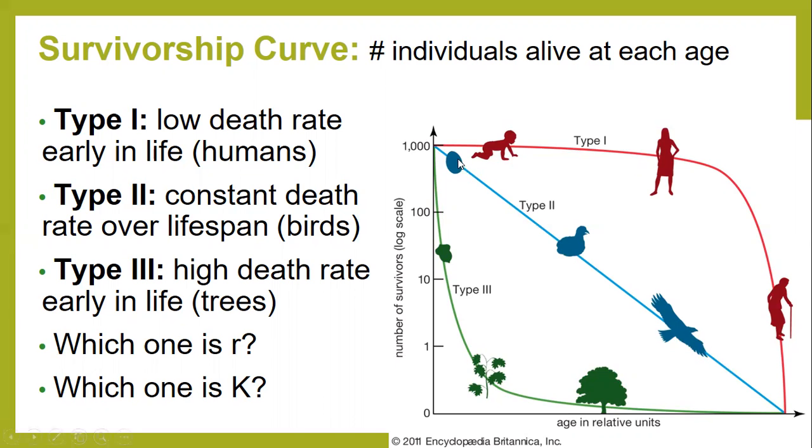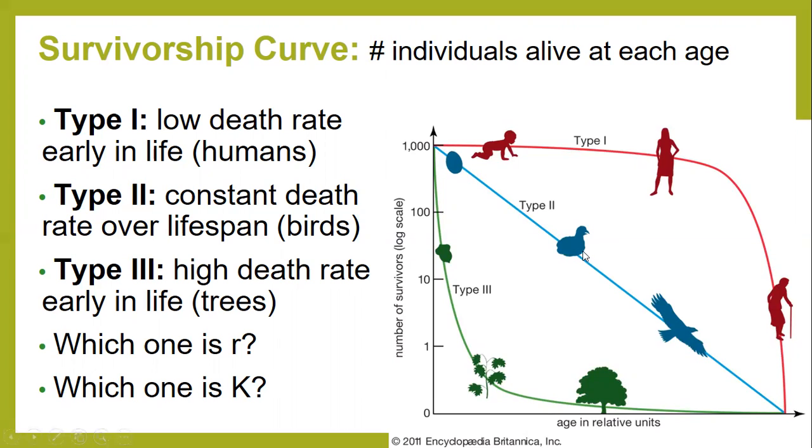Now, our middle species. These are the ones who have an equal chance of death at any stage in life. Think about a bird. Birds' eggs can drop out of the nest. The bird can be not the strongest of the 3 that the mother laid, so she just doesn't feed that one. When they fledge, they can fail to fly properly. They can fall and break their neck.